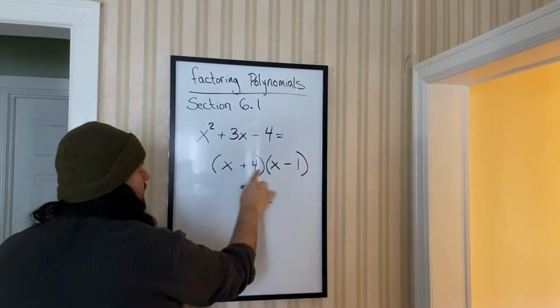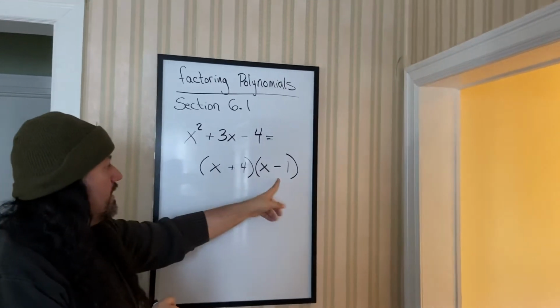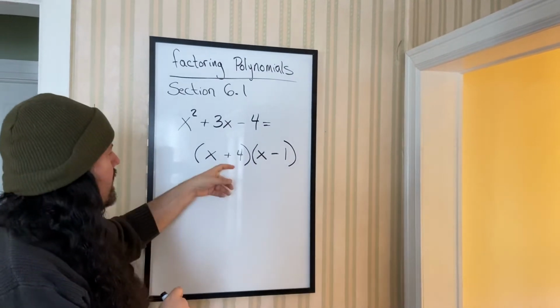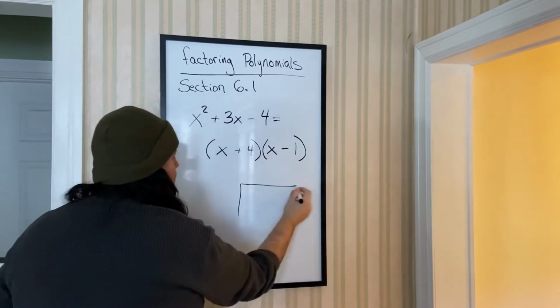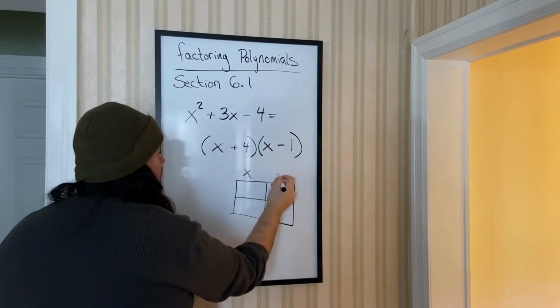If you multiply these two factors, and that's what you were learning in the last unit, we had two binomials that we multiplied, and we talked about this as the rectangle method. We have a binomial times a binomial.